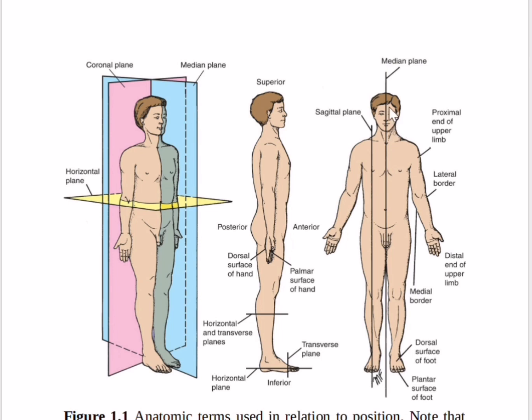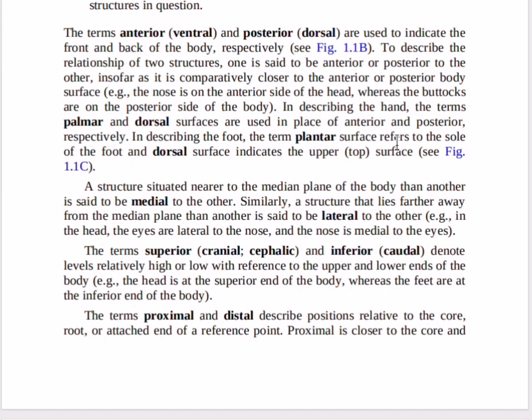So we say that your eyes are medial to the median plane as compared to your ears, which are lateral to the median plane. I hope that's clear. So medial refers to a structure which is nearer to the median plane, unlike lateral, which refers to a structure which is away from the median plane, right? For example, your eyes are lateral to the nose, right? Your eyes are lateral to the nose.